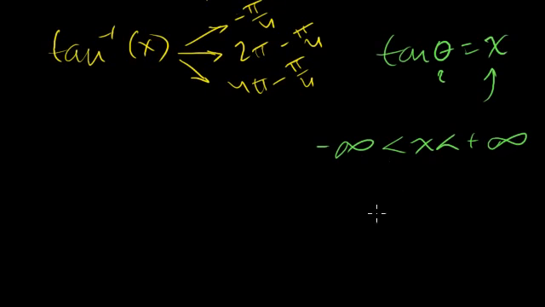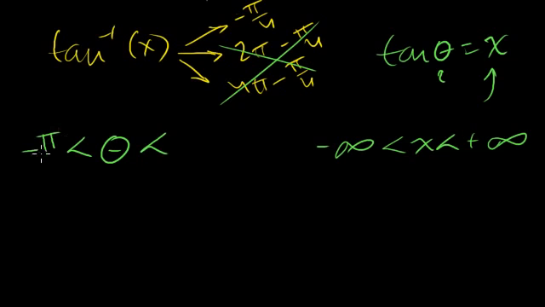So if I'm just dealing with vanilla tangent, not the inverse, the domain of tangent can go multiple times around. So let me not make that statement. But if I want to do inverse tangent, so I don't have a one-to-many mapping, I'm going to restrict theta, or my range, to be greater than minus pi over 2 and less than positive pi over 2.